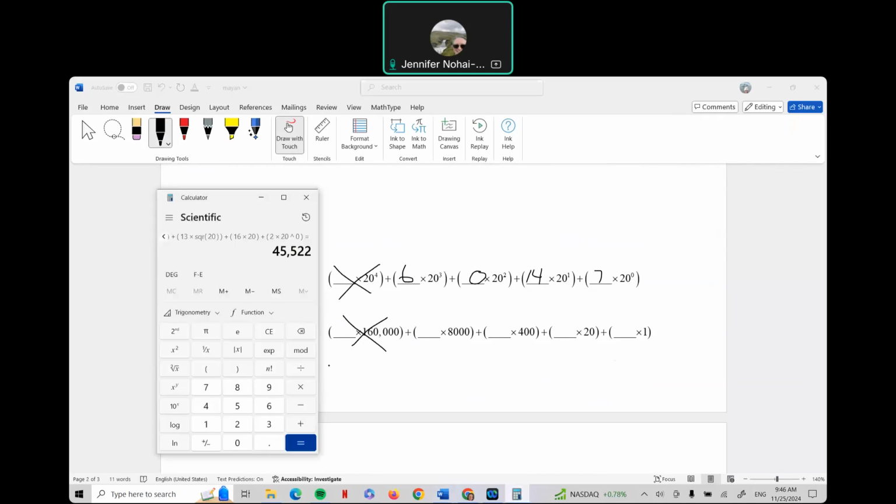Let's bring up our calculator. And I'm going to use this top one here. 6 times 20 to the third power. I'm going to skip over the 0 because I don't need it. I know that turns to 0 anyway.